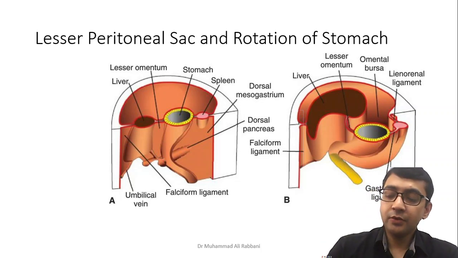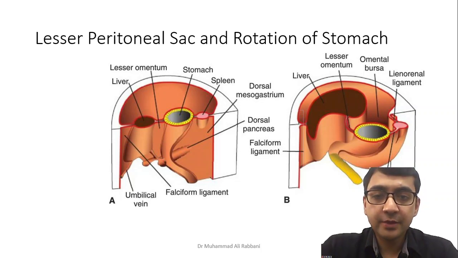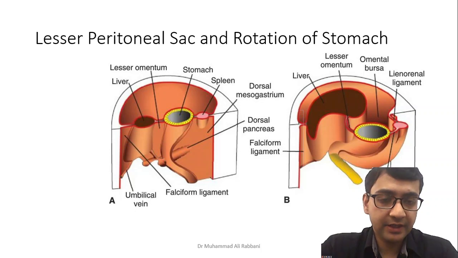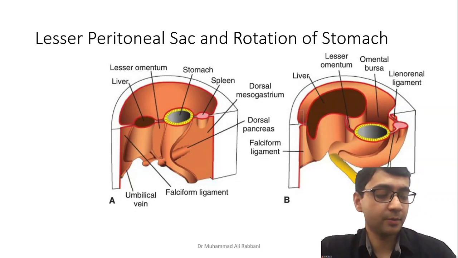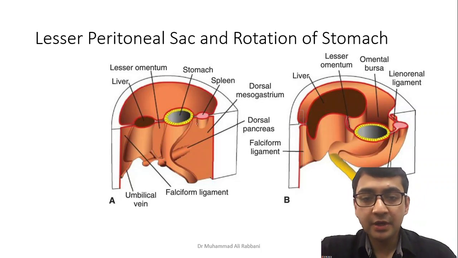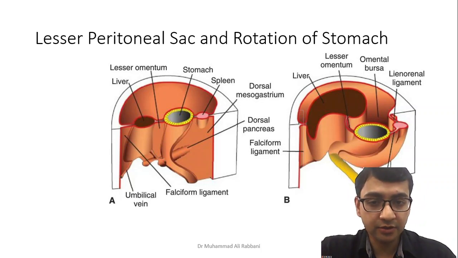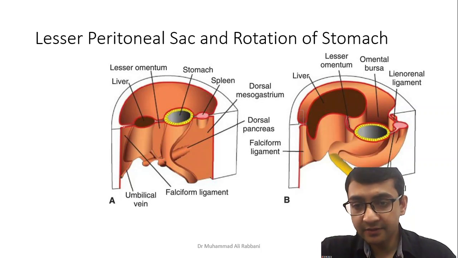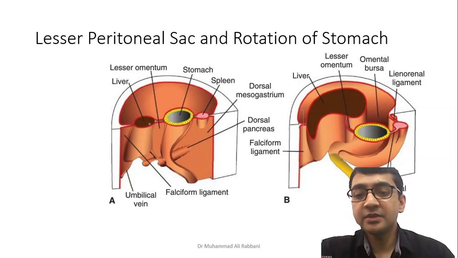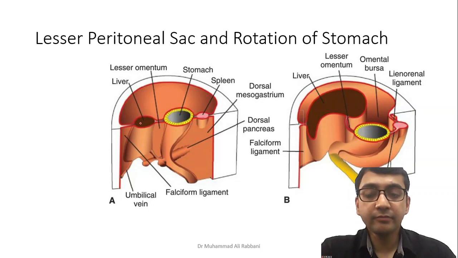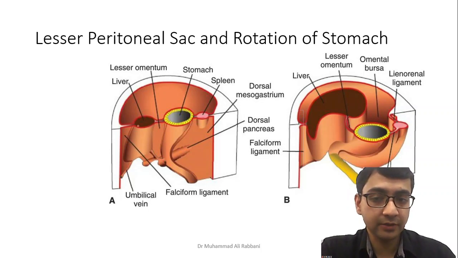Okay, moving on to the concept of the lesser peritoneal sac, you just have to revise a little about the concept of rotation of the stomach. Originally, the stomach had mesenteries on both sides. There was a dorsal mesentery, in which the spleen was developing, and there was a ventral mesentery, in which the liver was developing. The word ventral mesentery is not very commonly used.